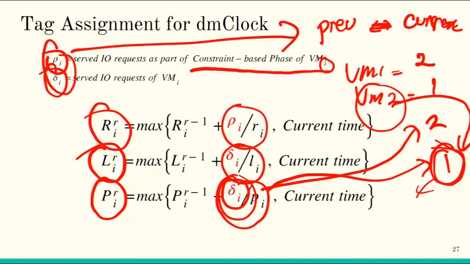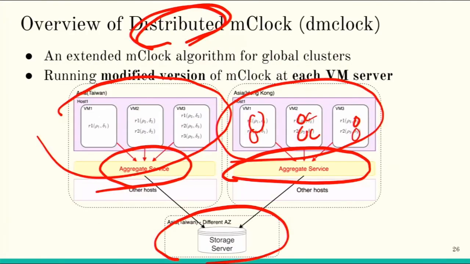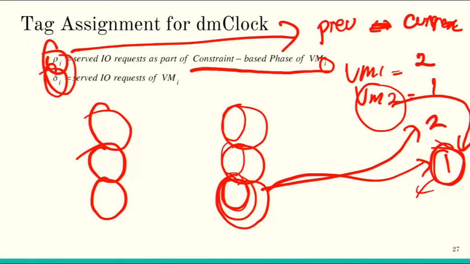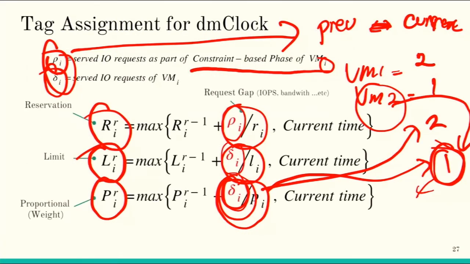This is how the normal mClock algorithm can be extended in a distributed system, by recording these variables in the aggregate service. That's all for the specific issues.